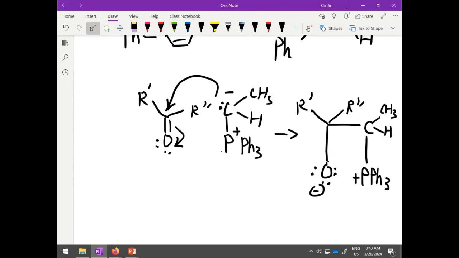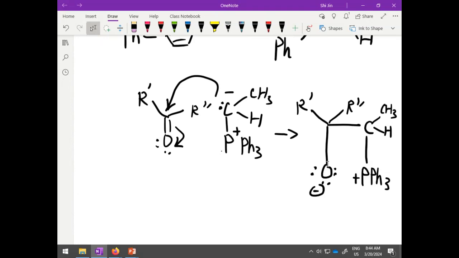But this nucleophile is not a typical nucleophile. It has a phosphorus atom there. And phosphorus, just like sulfur, is exceedingly oxyphilic. It means a phosphorus atom has a very strong affinity, even greater than sulfur, to the oxygen atom, because the phosphorus-oxygen bond is a very, very strong bond.